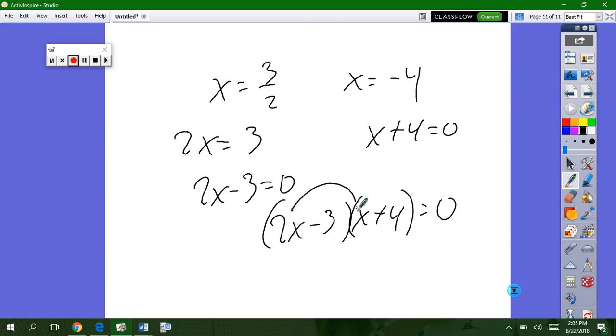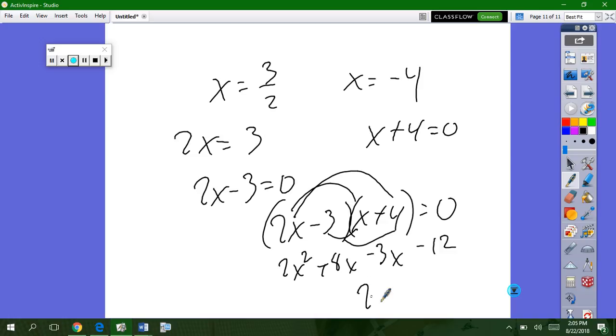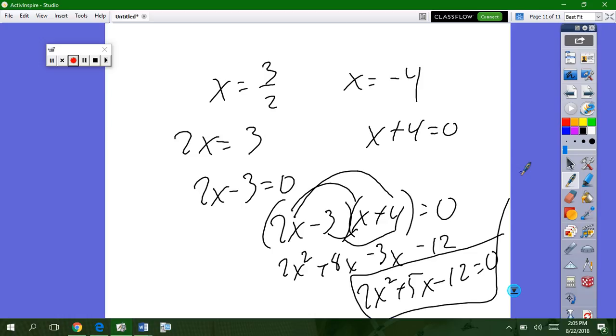So I'm going to say 2x squared plus 8x minus 3x minus 12. That is one of infinite solutions that there can be. Make sense?